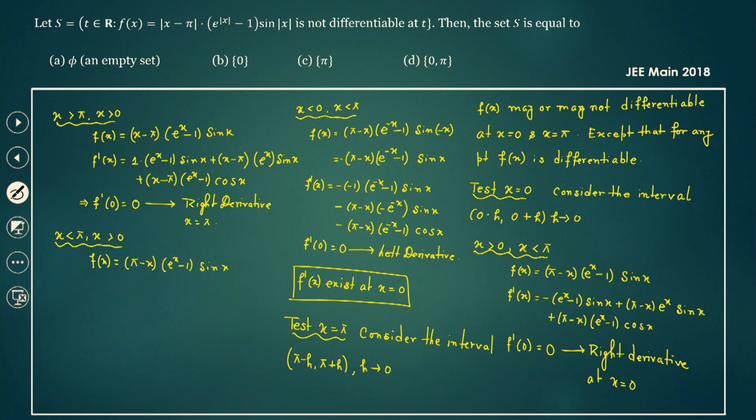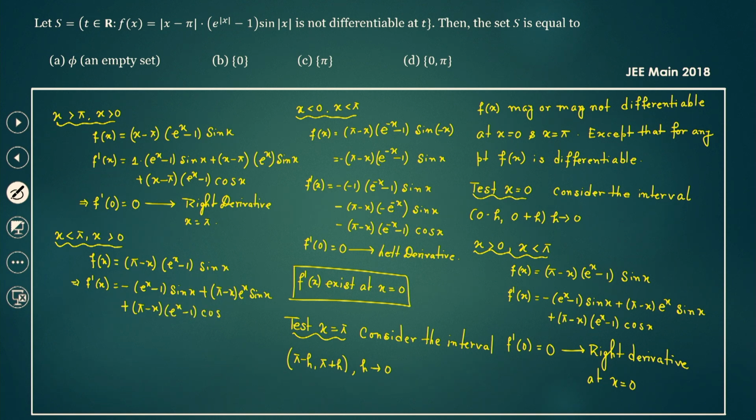Let's differentiate it again. f dash x gives me minus e to the power (x minus 1) sine x, plus (pi minus x) e to the power x sine x, and the last one, plus (pi minus x) e to the power (x minus 1) cos x.